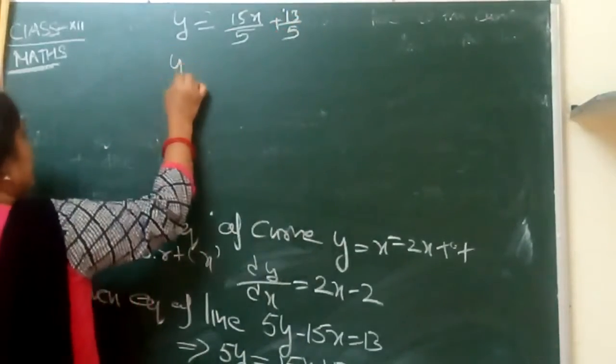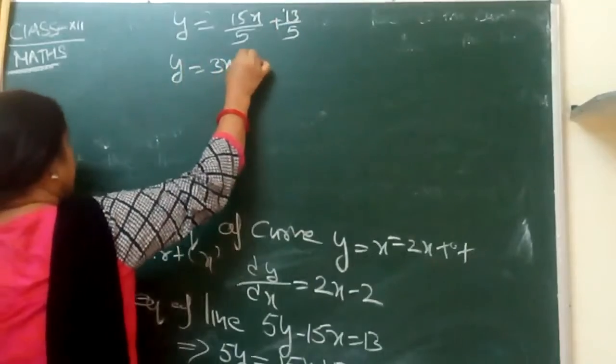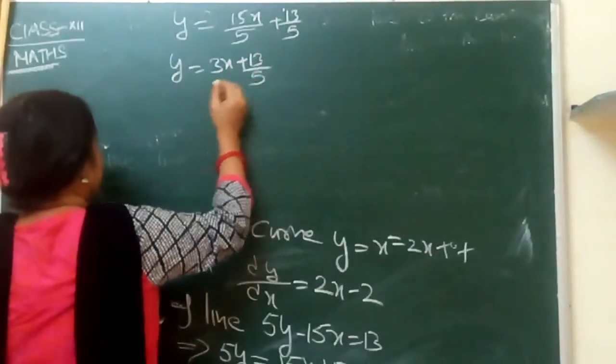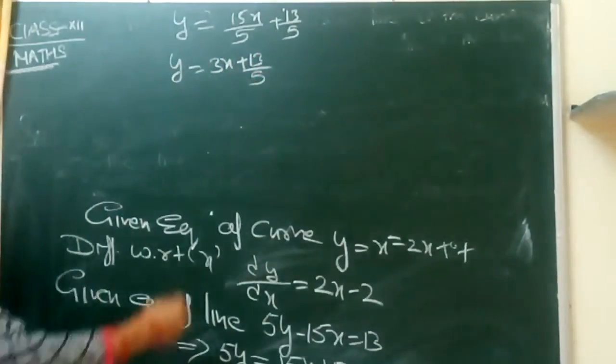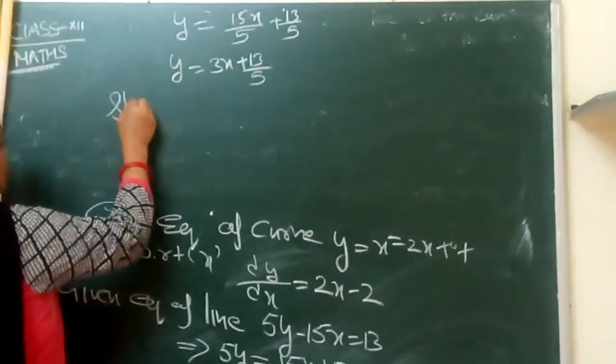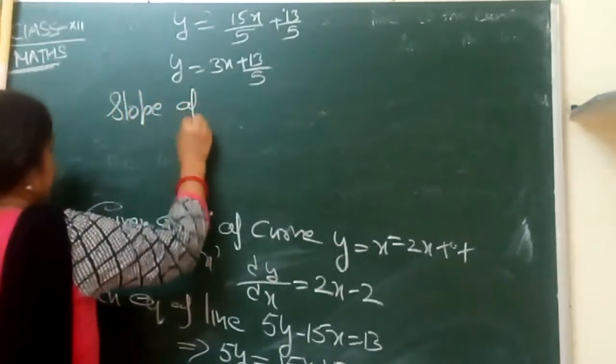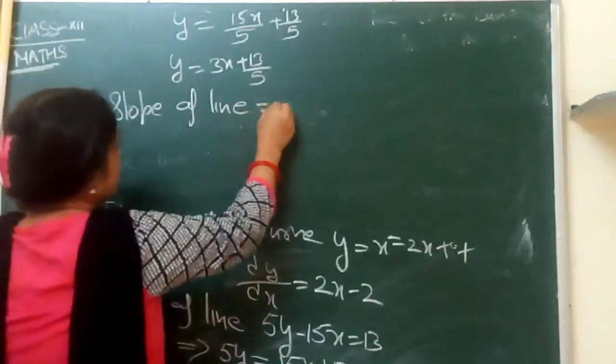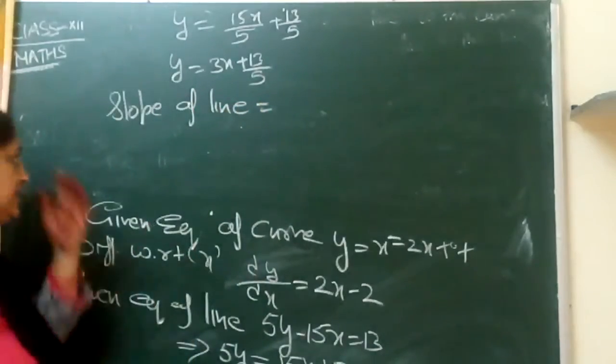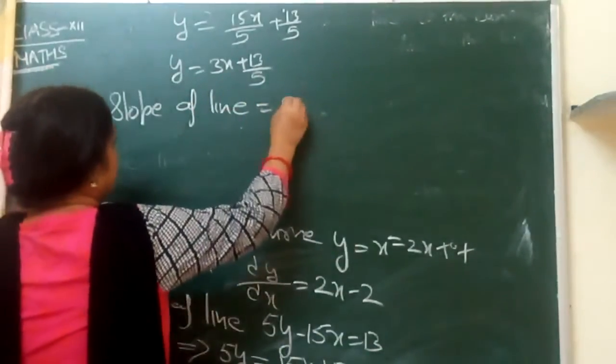So it will come y = 3x + 13/5. You know that y = mx + c, so the slope of this line will be 3.